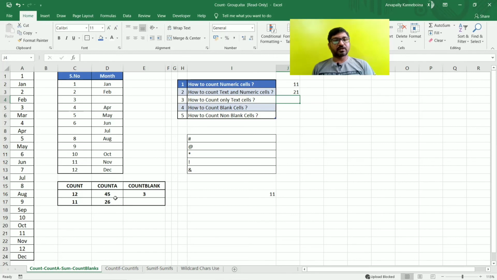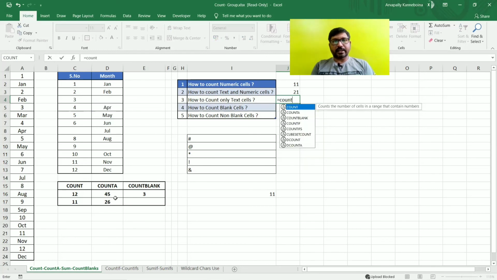The third one, count blank. It will count only the blank cells which are in the range. So we need only the text cells we want to count. At that time you can write the formula equals to count A.